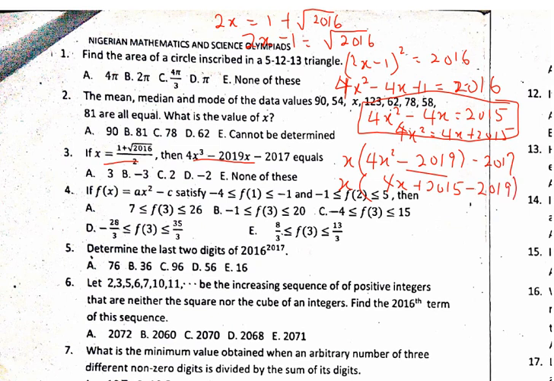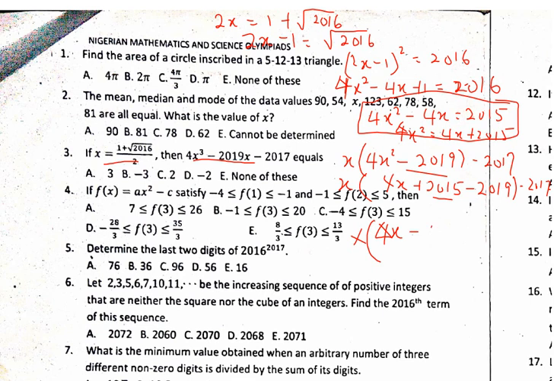From there, we have x into bracket 2015 minus 2019, which gives us minus 4, so minus 4x minus 2017.